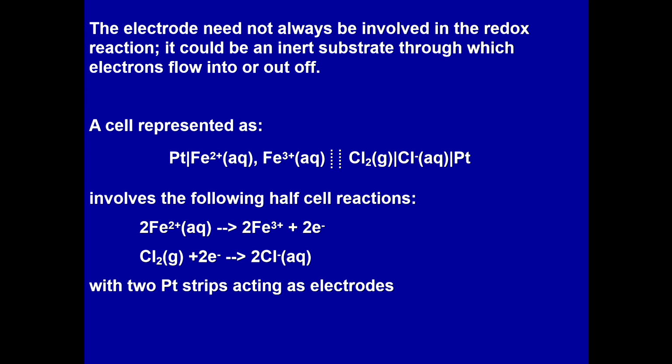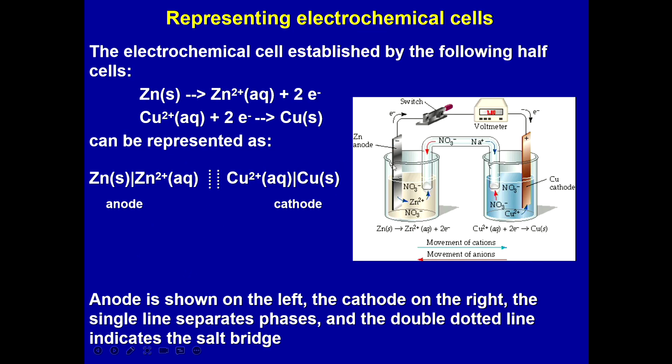Okay. So in fact, the cell reaction is this. But here it's not zinc, it's Pt. The Pt metal. This side is Pt metal. This side is also Pt metal. Just the reactants are in solution.